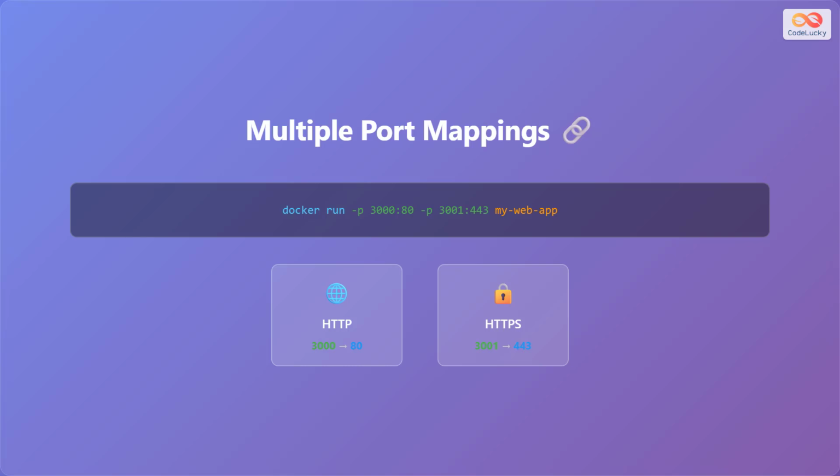Let's see how multiple port mappings work. The command is docker run -p 3000:80 -p 3001:443 mywebapp.